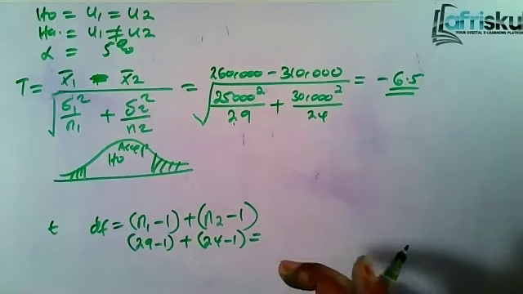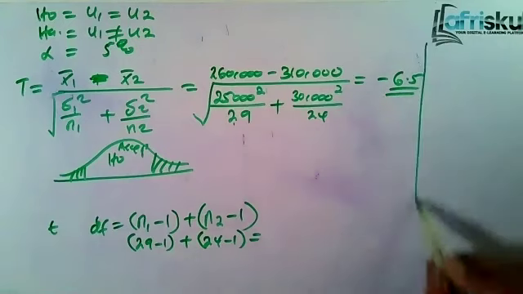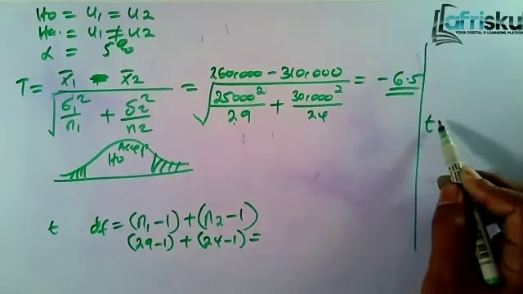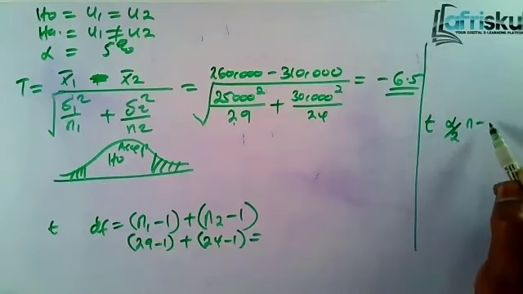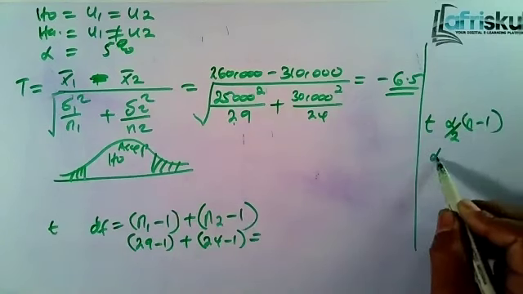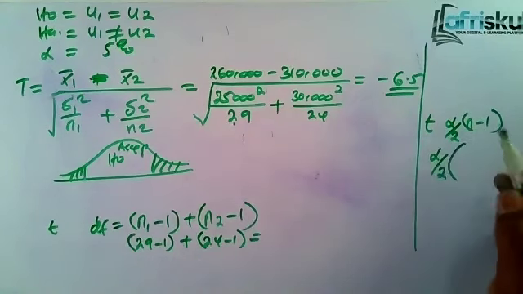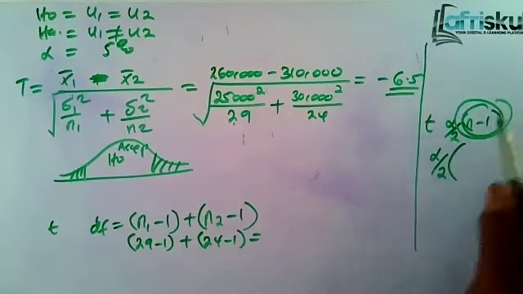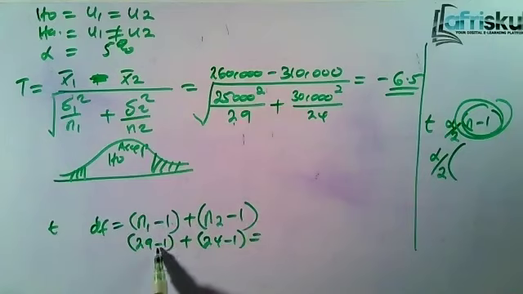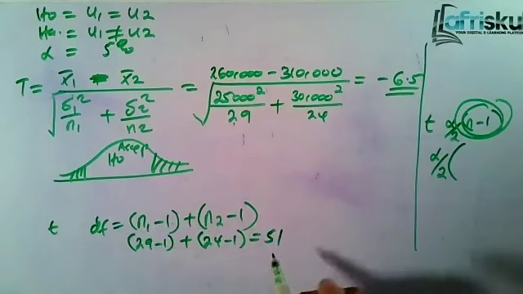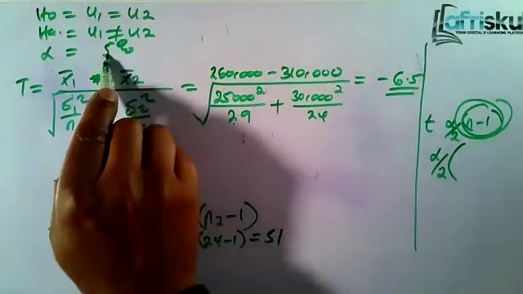Tulisema kama ni sample moja, it's just unachukua alpha, alpha divided by 2, N minus 1. Lakini kama ziko mbili, utakuwa alpha divided by 2, but sasa hii, the degrees of freedom, that's N1 minus 1 plus N2 minus 1. And this is 28 plus 23. Hii utapata 51.